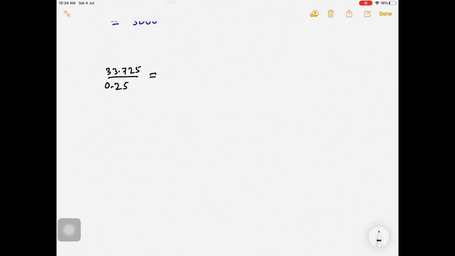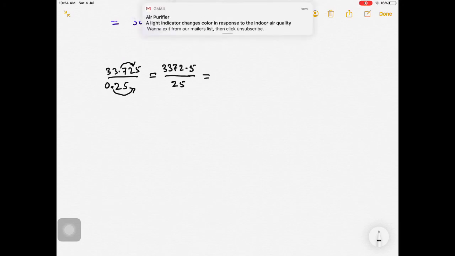Now you see in the denominator we have two places after the decimal. So if we move the decimal two places towards the right, we get 25 here. So in the numerator also we shall move it two places towards the right. So we shall get 3372.5. Now we shall divide it as a whole number, then we shall put the decimal.